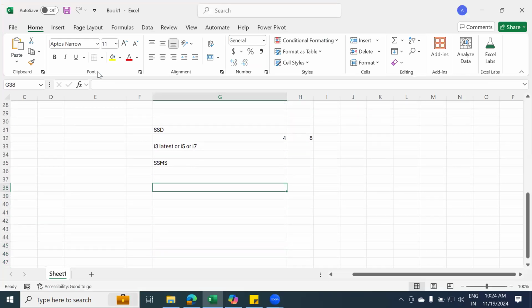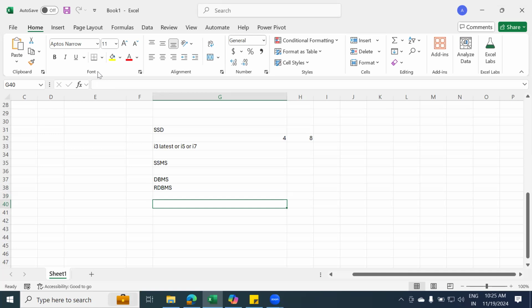Then let me ask one more question here. What is this, guys? Anyone has idea? What is DBMS and what is RDBMS? DBMS stands for Database Management System. RDBMS stands for Relational Database Management System.